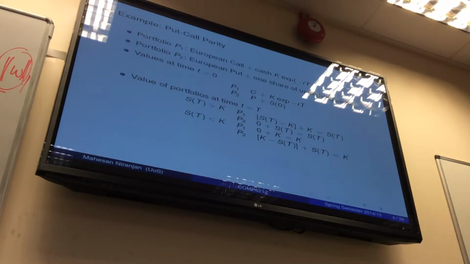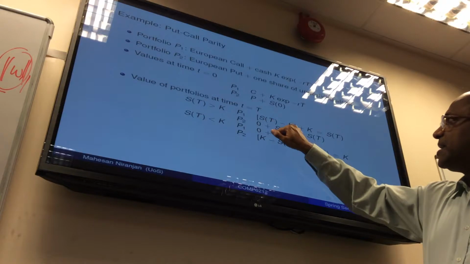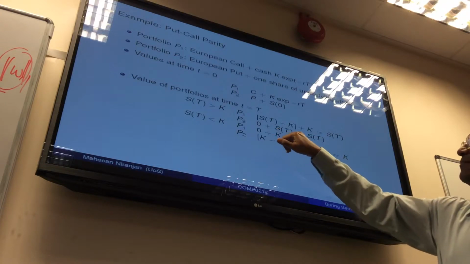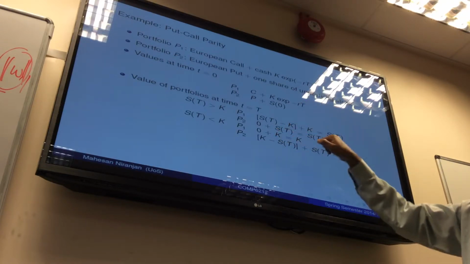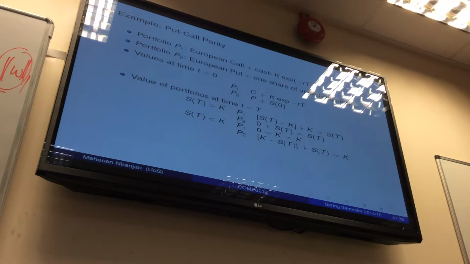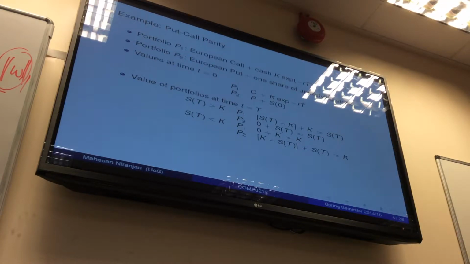Therefore, this is the value of my entire portfolio. In the other, if S(t) is bigger than K, then the put option is worthless; I will not exercise it, and I have the stock in my portfolio. That's the value of this. The same argument applies when the price goes down. In both cases, I will have a portfolio of value K.